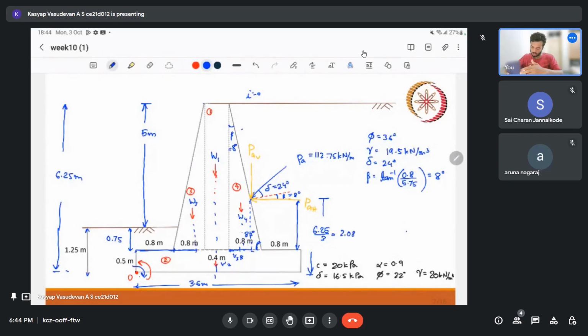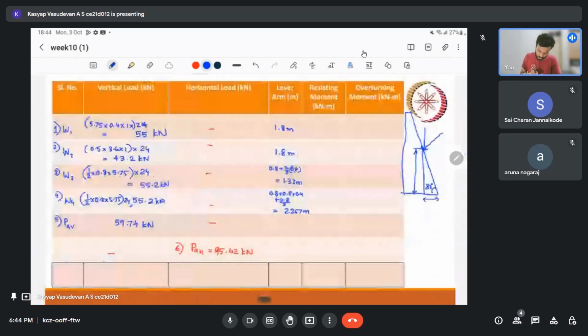In this 2.08 I have to subtract 0.5, so this distance will be 2.08 minus 0.5, that is 1.53.